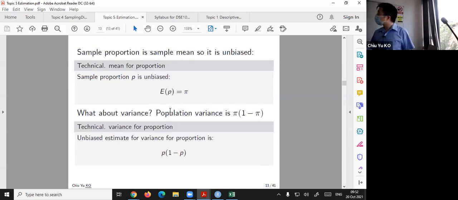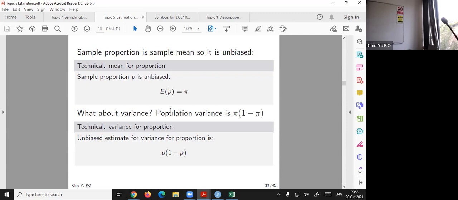Now, so it is unbiased, okay? So the expectation of P is pi. What about the variance? How do we estimate this? Since P is a good estimate for pi, it is tempting to say P times 1 minus P is a good one.